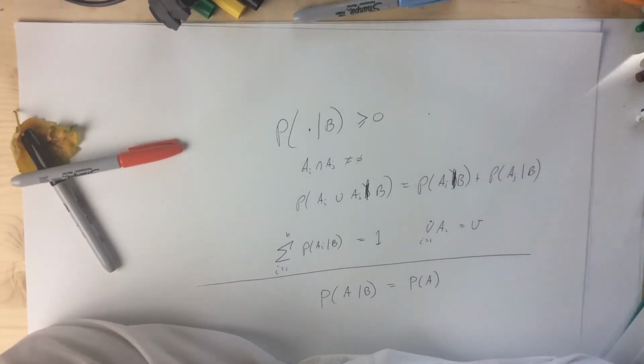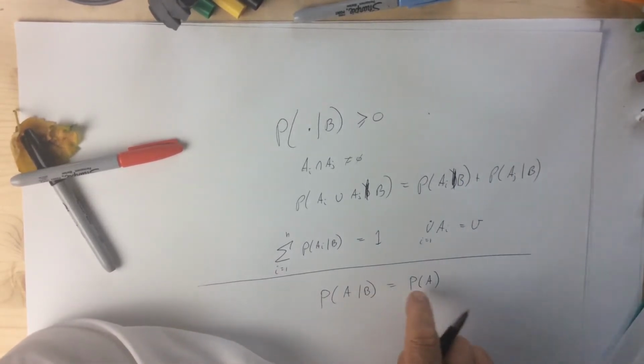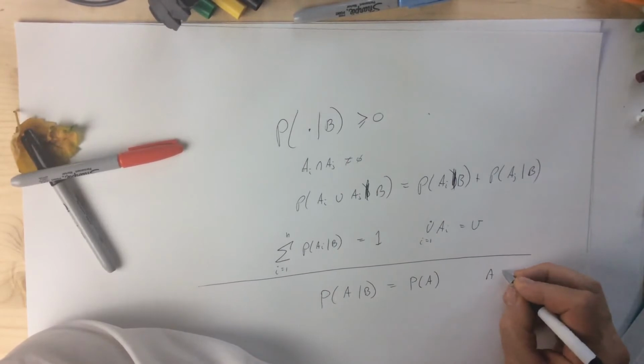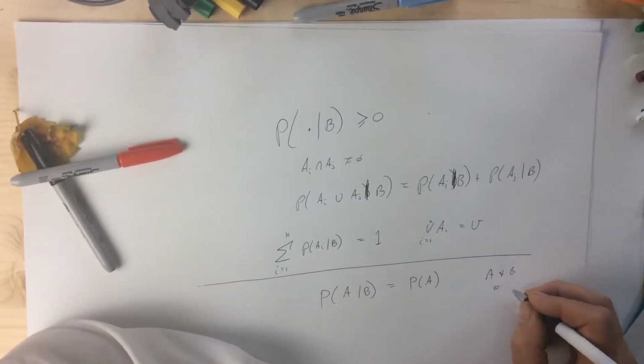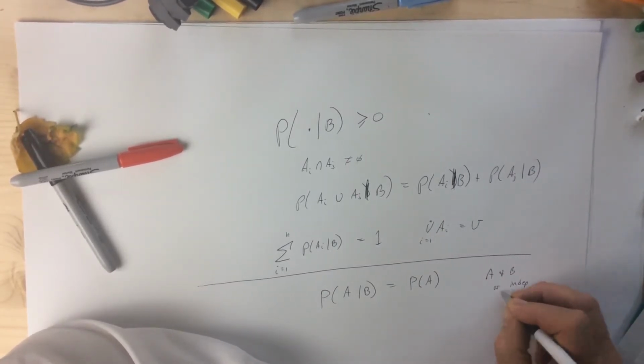Basically, we say the second birth of a family is pretty much 50-50, just like the flip of a coin. What's the probability the third flip of a coin is a head, given the first two are tails? Well, it's still 50-50. Hasn't changed. So when this occurs, we say A and B are independent.